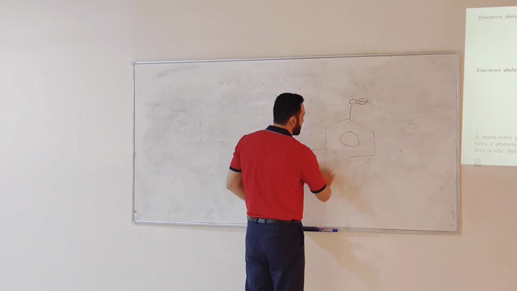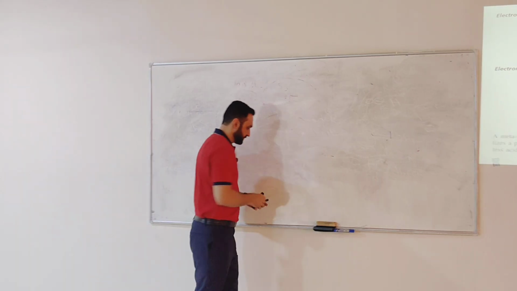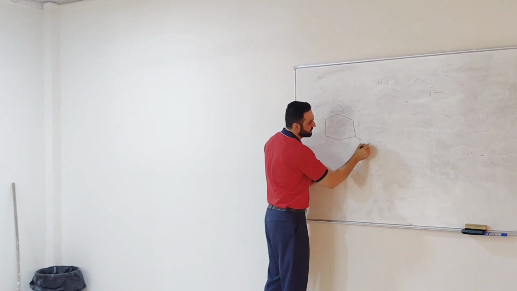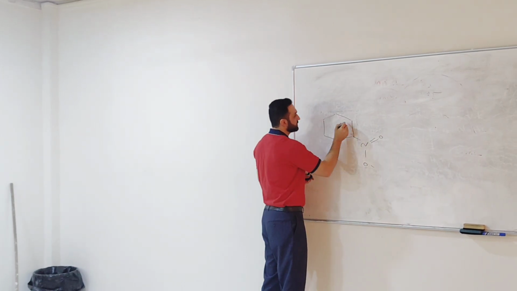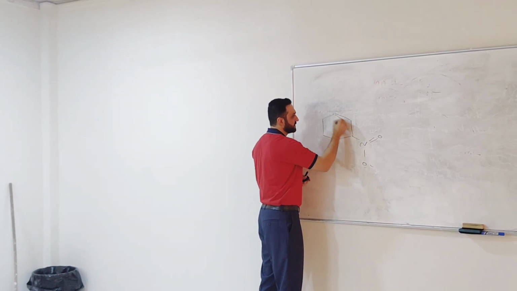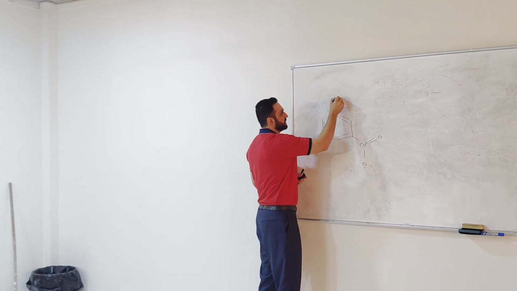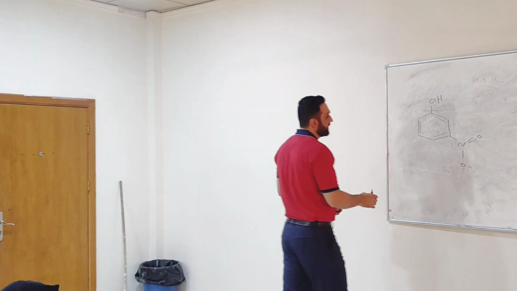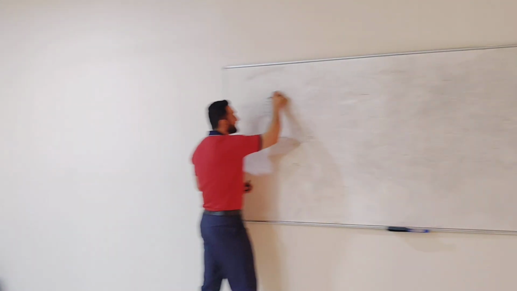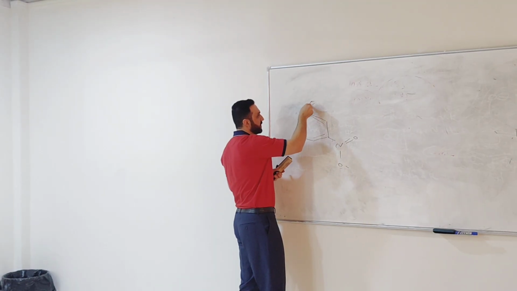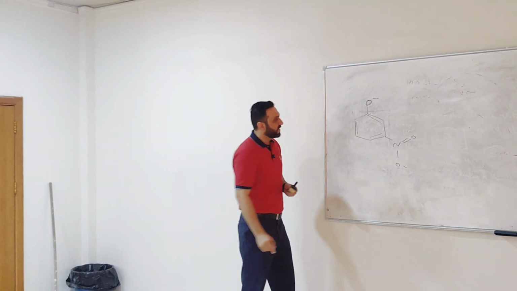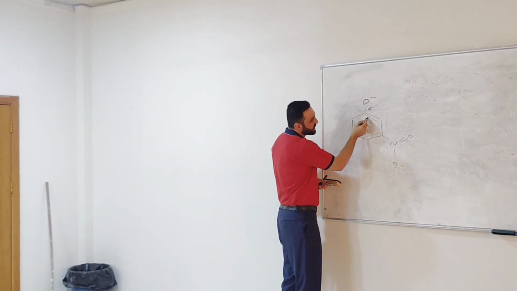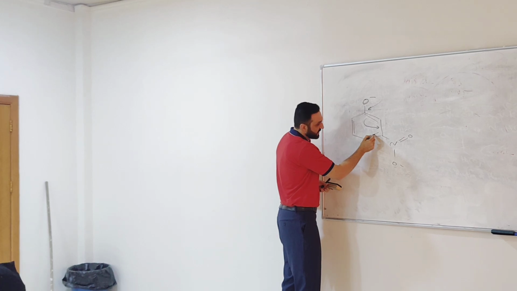I will give you the meta. This is meta nitrophenol. Remove a proton by base, and we get oxygen minus. The oxygen minus makes a pi bond, and this opens to here, and this opens to here.